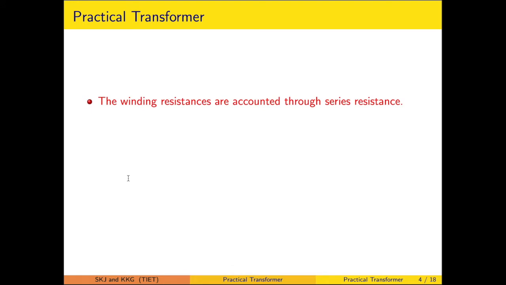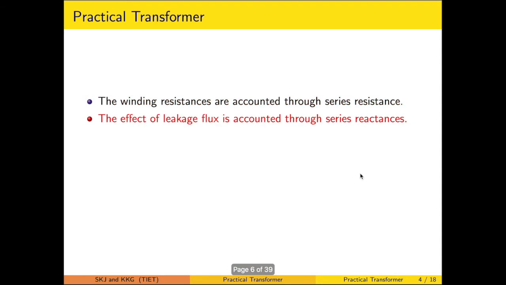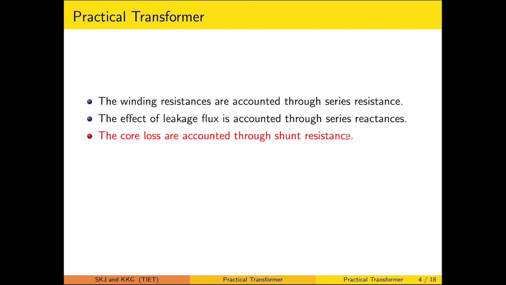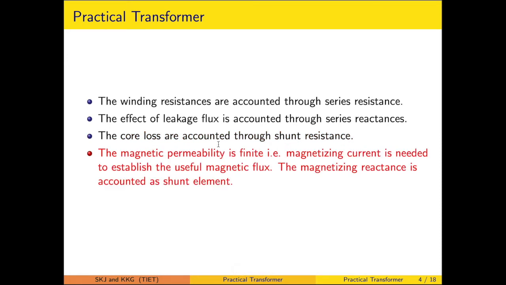First, the winding resistances are accounted for through the series resistance. The effect of leakage flux is accounted for through the series reactance. The core losses are accounted for through the shunt resistance, which includes both the eddy current and the hysteresis loss. The magnetic permeability is considered finite, which gives rise to a finite magnetizing current to establish the flux.